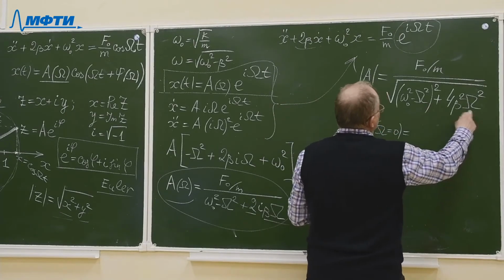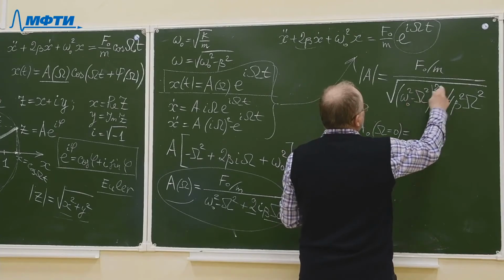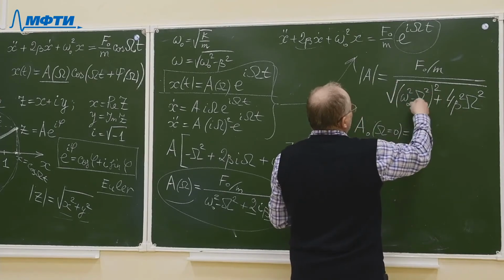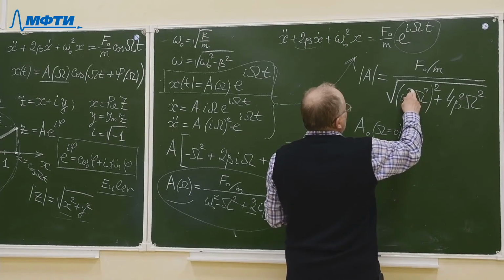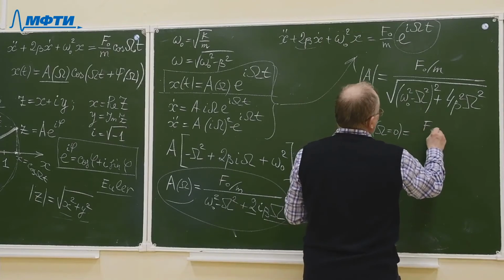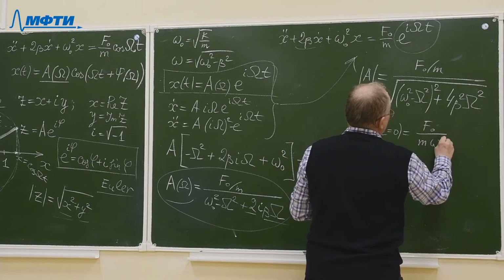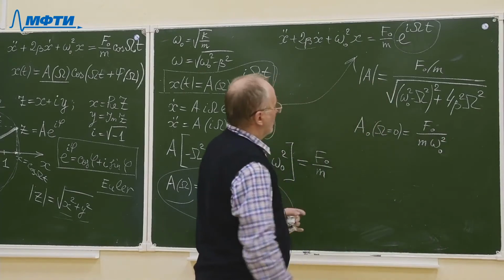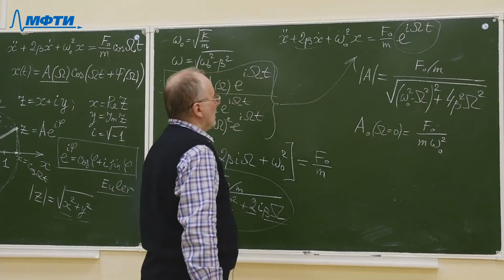If this is zero and this is zero, I will have omega 0 squared and squared, that is to the power of 4, and square root. What remains is omega to the power of 2 in the denominator. So it will be f0 divided by m omega 0 to the power of 2 after I take the square root of omega 0 to the power of 4.